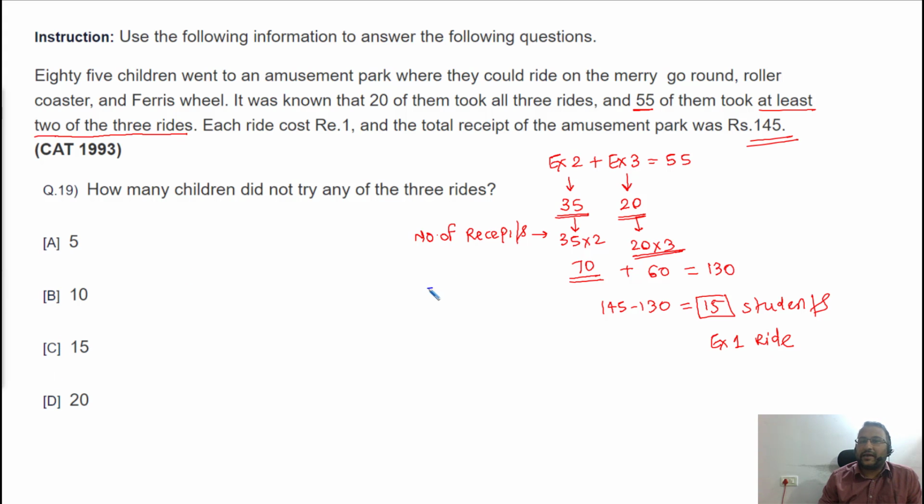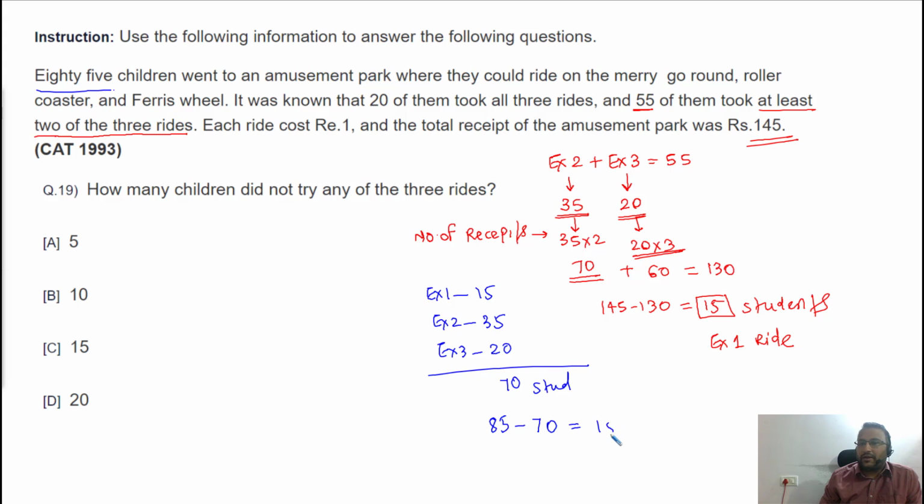So exactly 15 students, then 35 students, then exactly 20 students. So these are total 70 students. Total number of students are 85. So out of 85, 70 students took at least 1 ride.